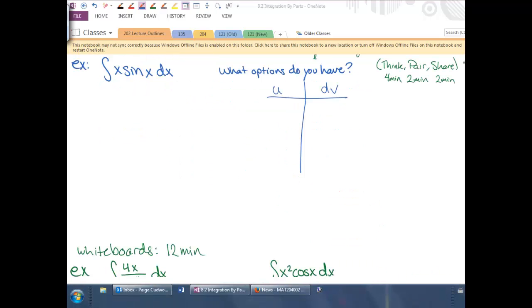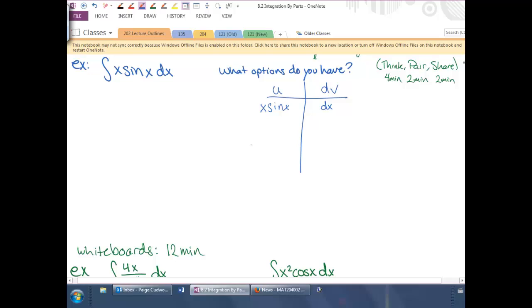All right, so if we look at this problem, I've got an x sine x dx in the integral. So I want to think about what different possibilities we've got. So remember that dx has to be under the dv. So the first option we could do is to have u be the whole inside of the integral, and then dv just be dx.